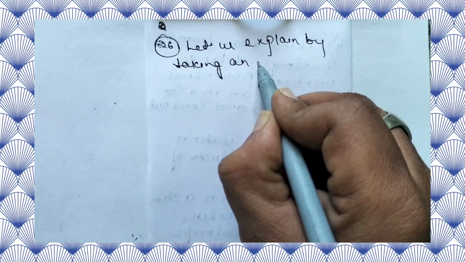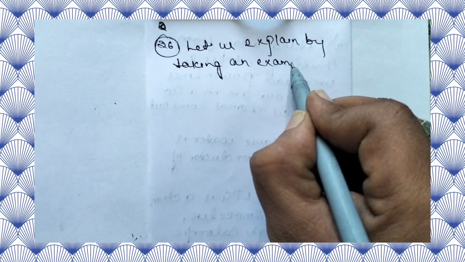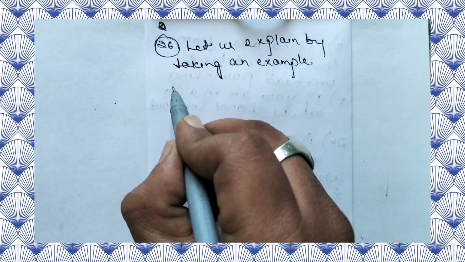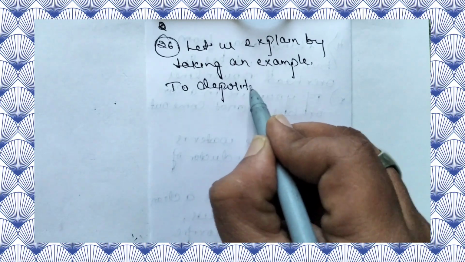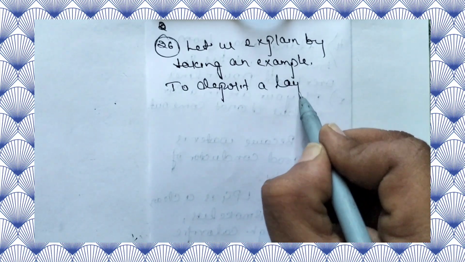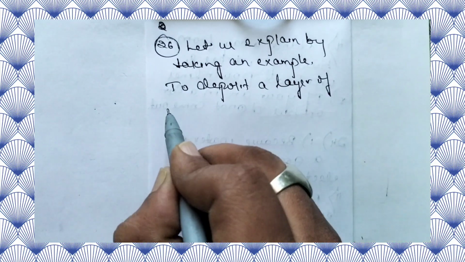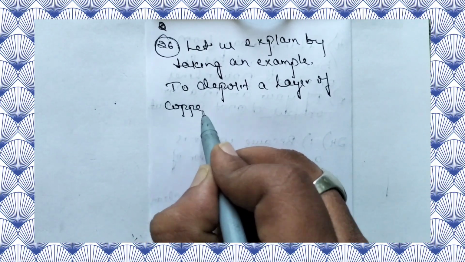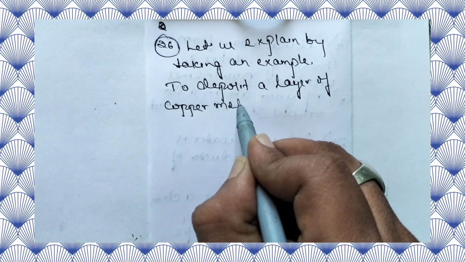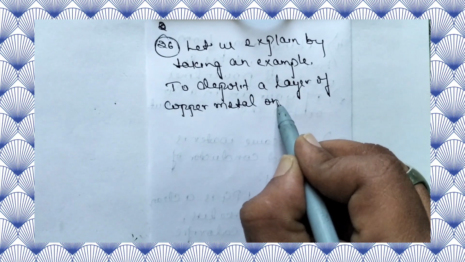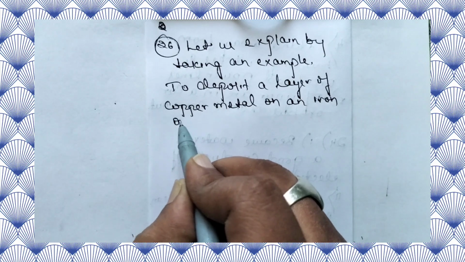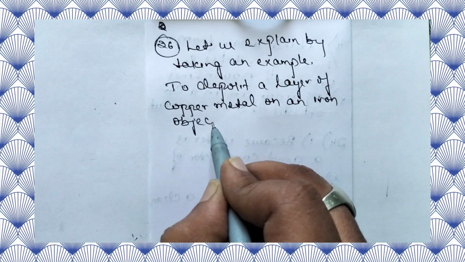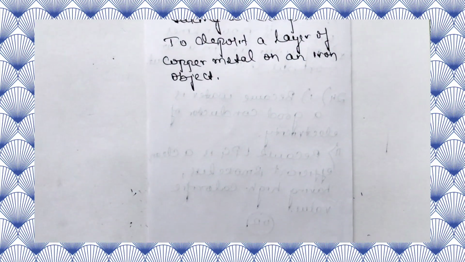an example. So let us explain based on the example, to deposit a layer of copper metal on an iron object. So now let us explain it now.